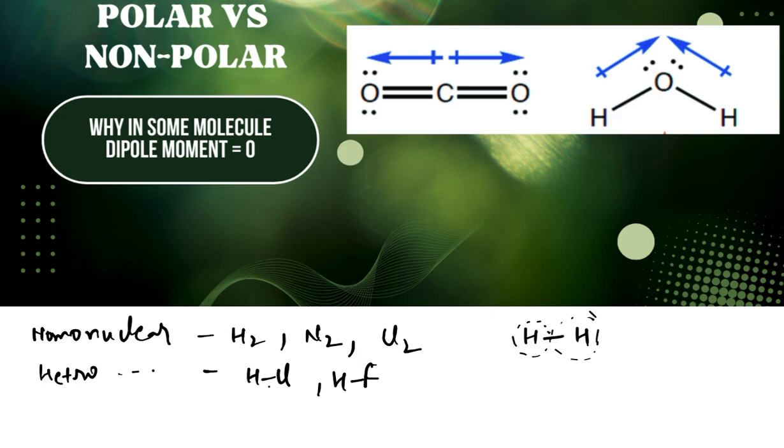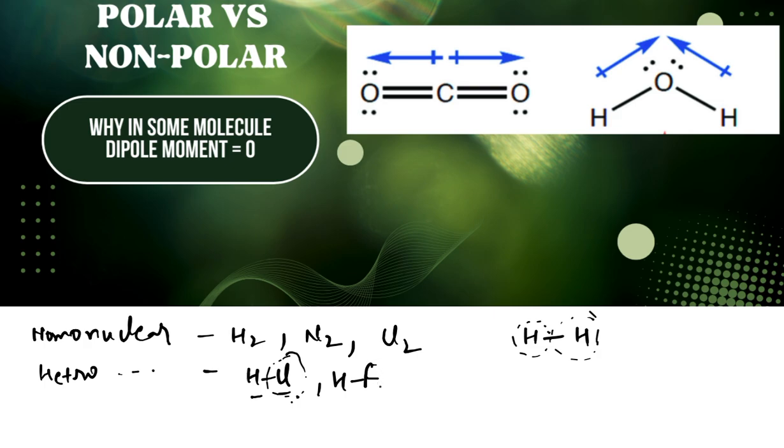But in the case of HCl or HF, chlorine has a higher electronegativity as compared to hydrogen, and fluorine has a higher electronegativity as compared to hydrogen. So chlorine is going to attract the electron cloud more towards itself as compared to hydrogen. The same goes for HF as well.